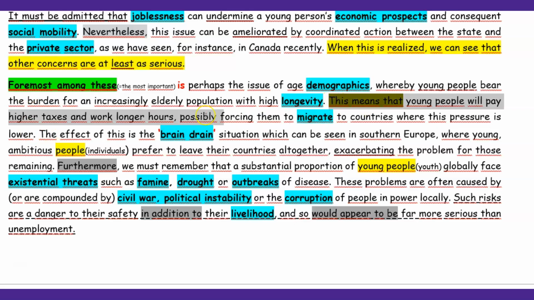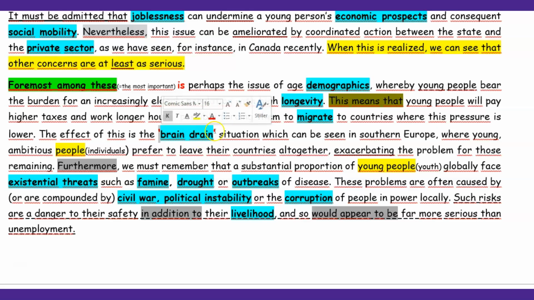Great complex sentences, with a great usage of linking vocab, referring and linking the present sentence to the previous one. The effect of this is the brain drain situation.